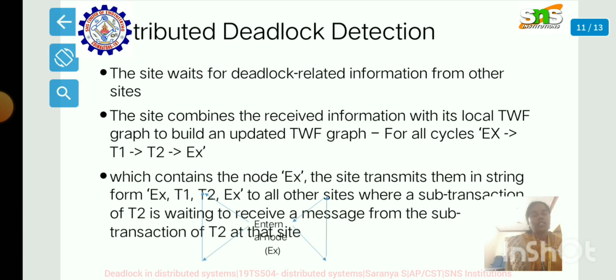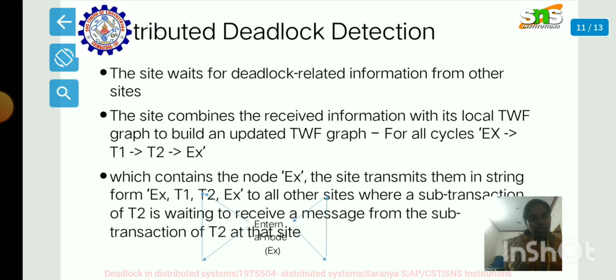The final one is distributed deadlock detection. The site waits for deadlock-related information from other sites. The site combines the received information with its local TWF graph to build an updated graph for all cycles, for example EX, T1, T2, EX, which contain the node EX.